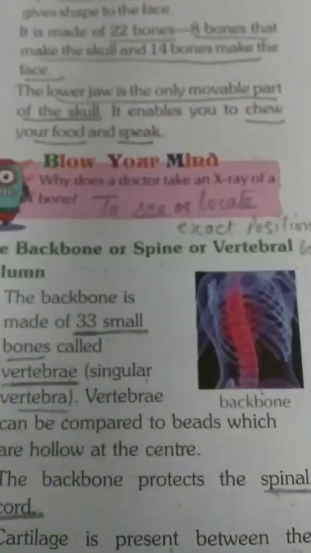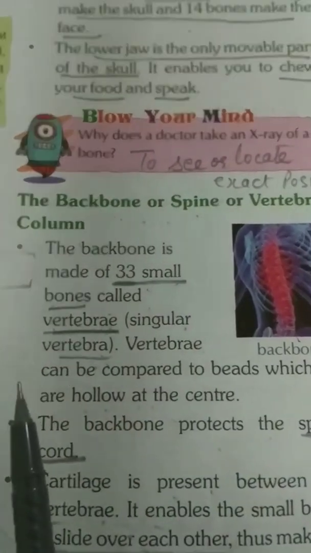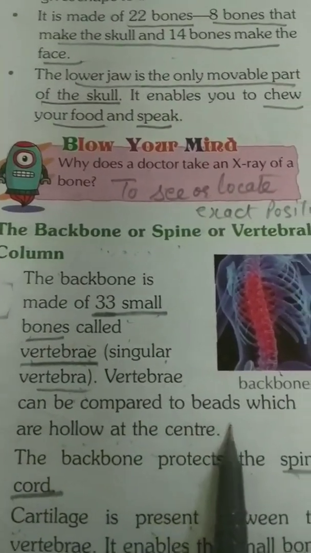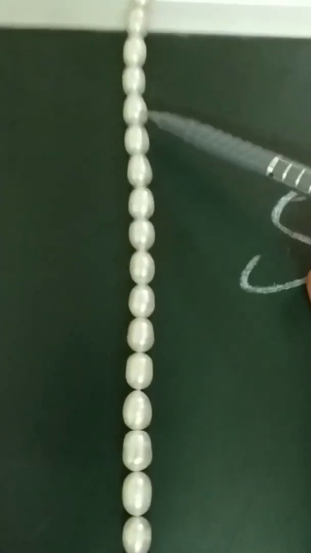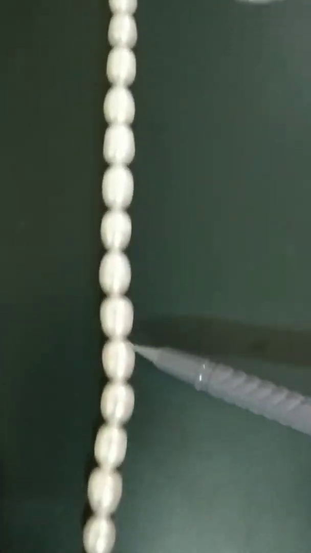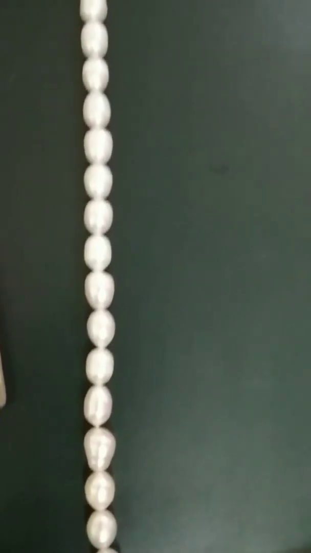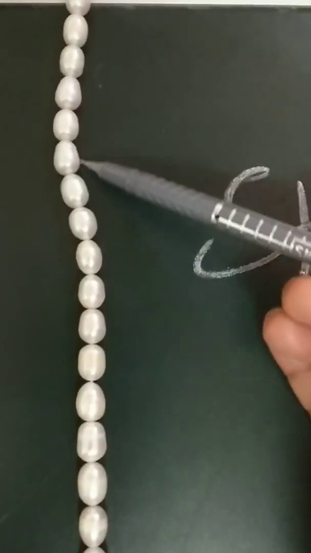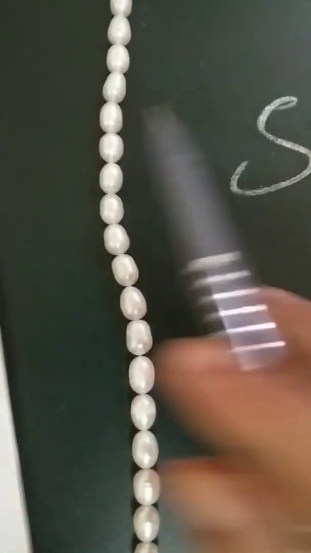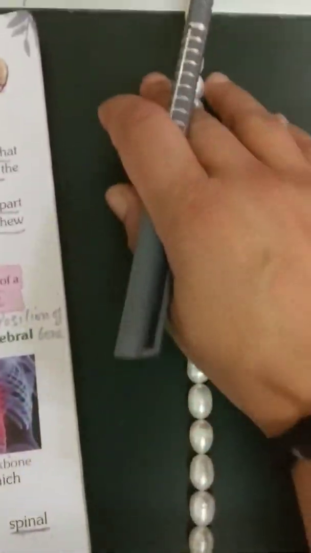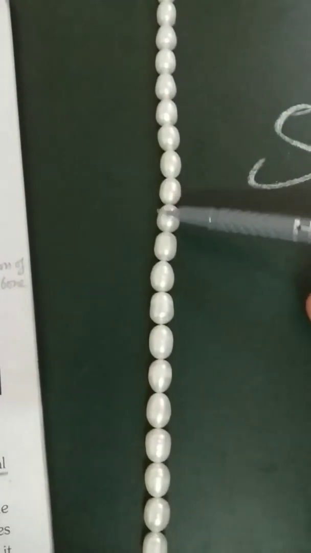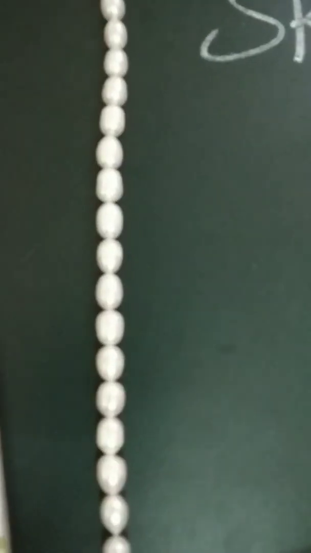These vertebrae can be compared to beads which are hollow at the center. So these are the beads. See how these beads are arranged. In the same way, the 33 small bones of our backbone are arranged in our body like this.